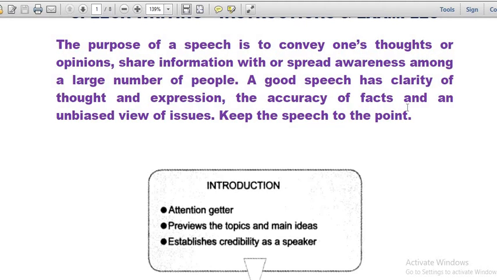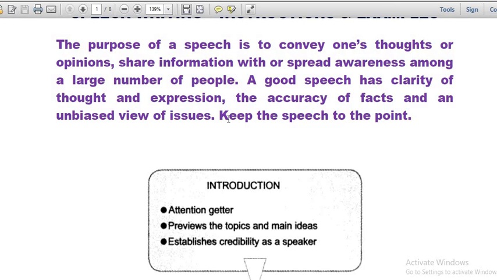Remember, dear students, a good speech has clarity of thought and expression, the accuracy of facts, and an unbiased view of issues. The views that you are delivering with the help of your speech should not be biased. And remember, keep the speech to the point.